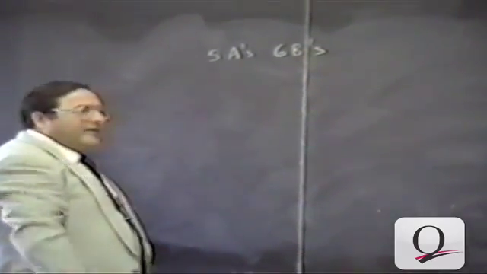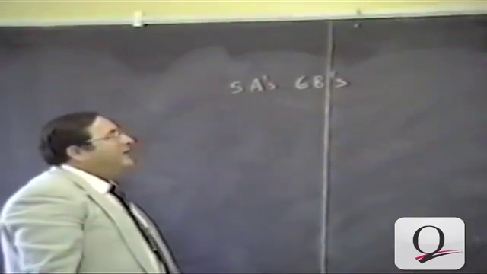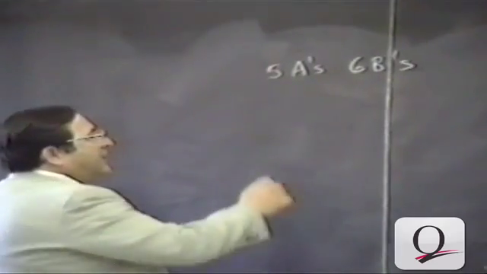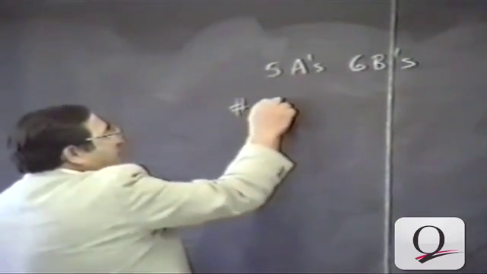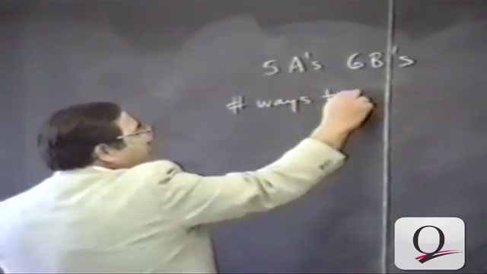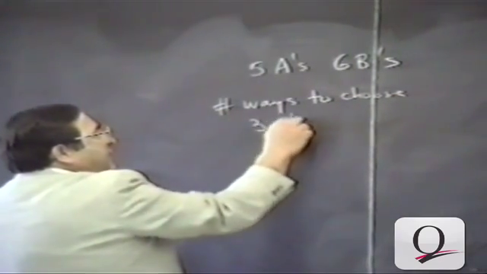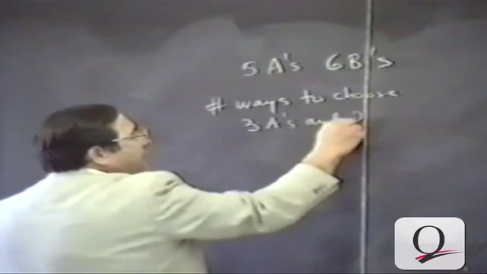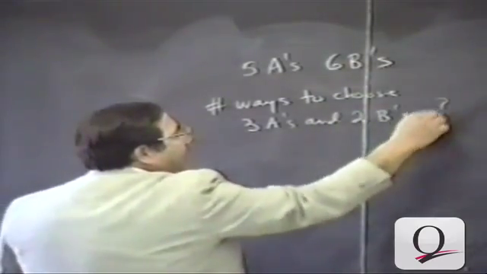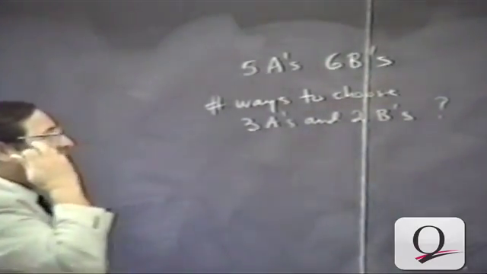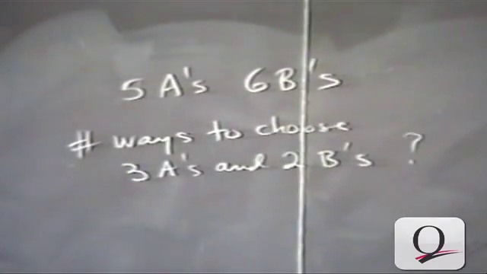And again, the letters can stand for anything. It doesn't have to be letters. Number of ways to choose 3 A's and 2 B's. How many ways can I choose 3 A's and 2 B's?